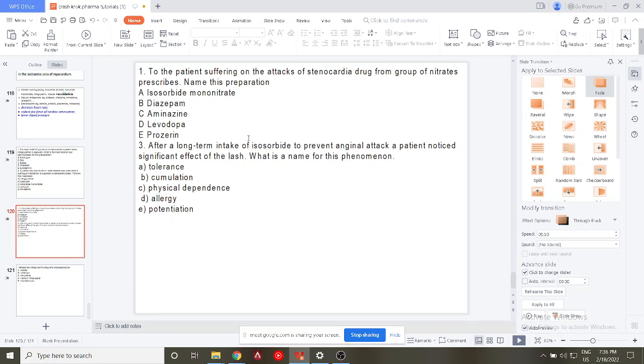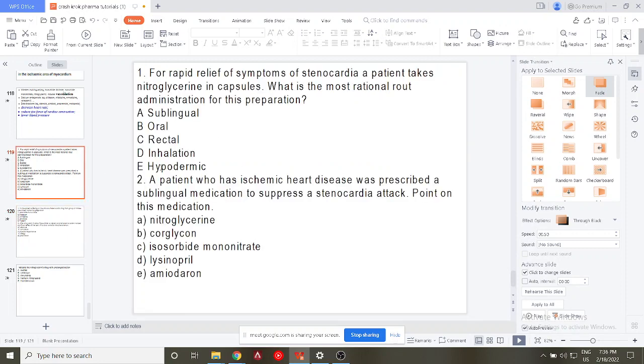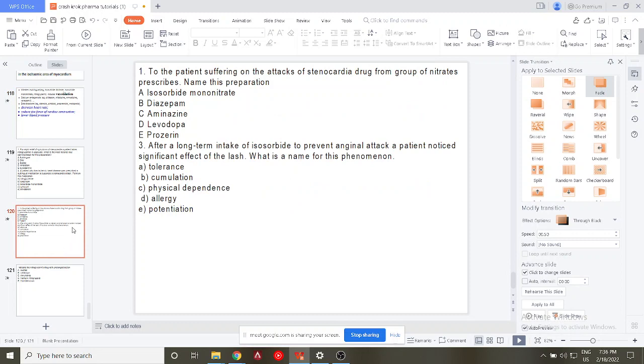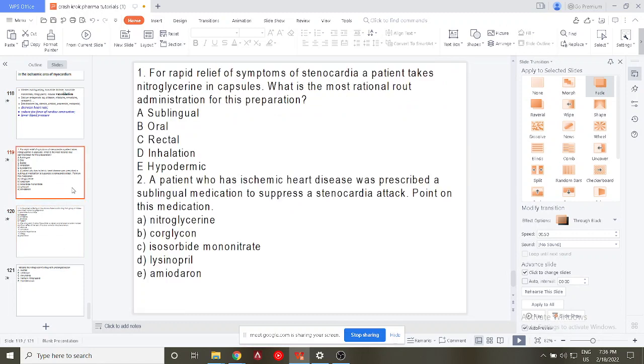I have a question. Okay. Go back to the last question, please. The second question, they said sublingual medications. I think C is also a sublingual medication, right? You think C is also a sublingual medication?